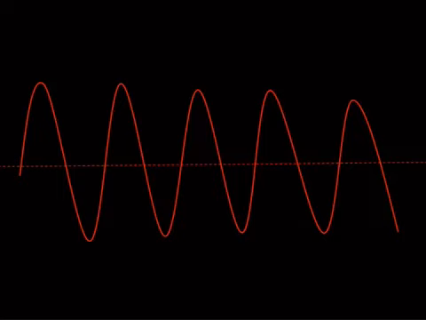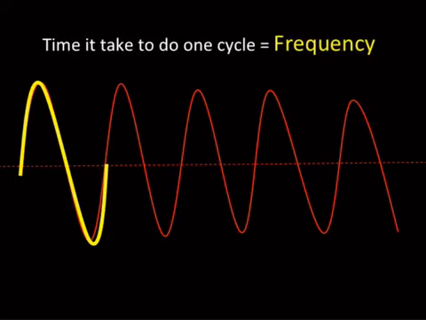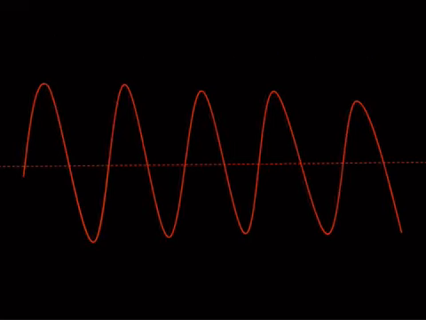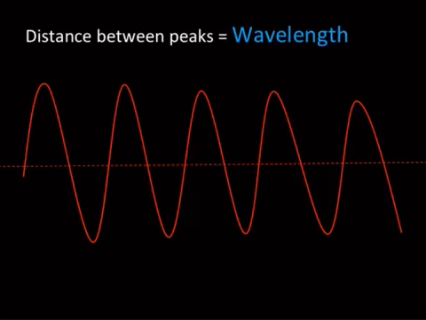So, reviewing some vocabulary here, the rate of change, sort of up and down through one cycle here, is described as the frequency. And the length between one peak and the other peak is described as the wavelength.